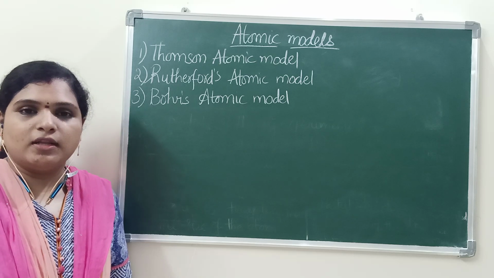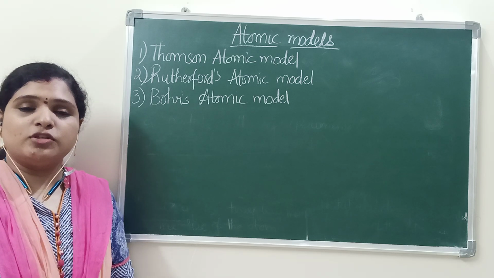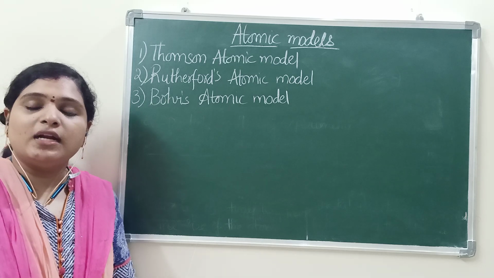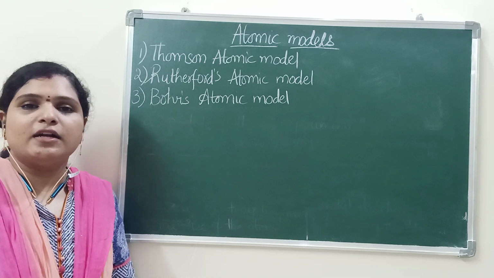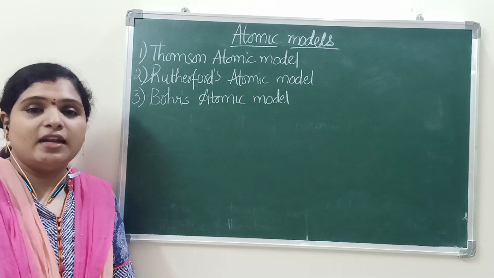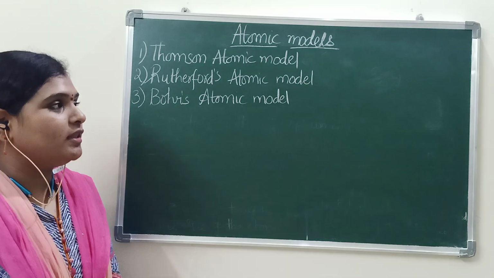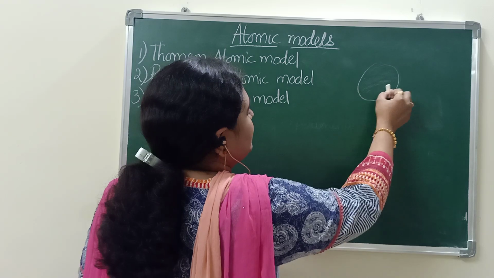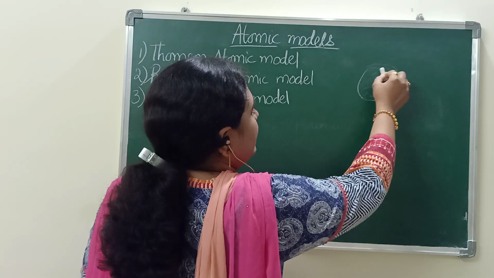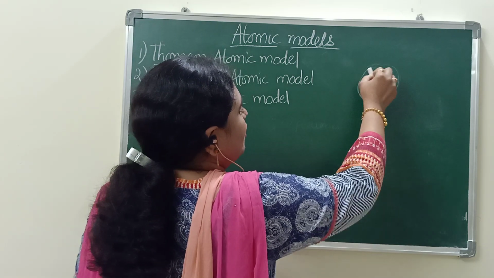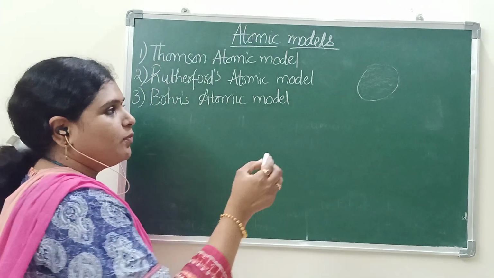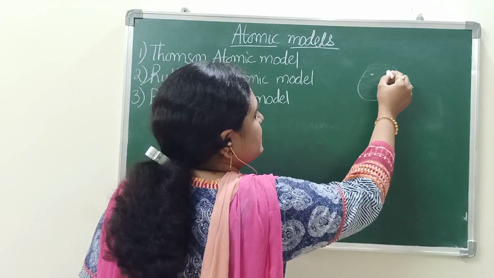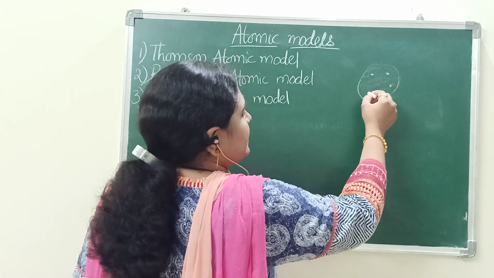According to this model, the entire positive charge is spread like the red edible part of watermelon. Just like that, the positive charge will be present all over. On top of it, seeds will be there.